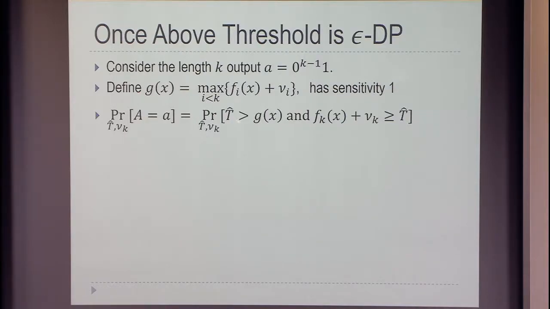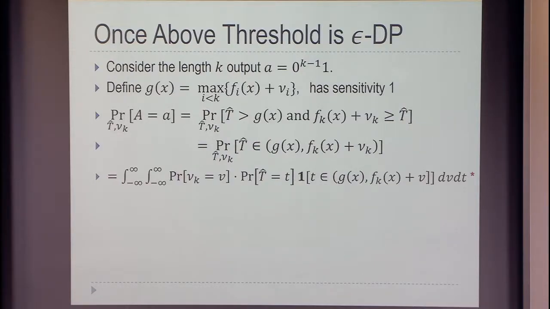It's the probability that the threshold that we chose was bigger than the max of everything from 1 to k minus 1 plus its noise, and when we add noise to the kth one, we exceed the threshold. This says we produce zeros on the first k minus 1, and this says we produce 1 on the kth. So just rewriting, that says that t hat is in this interval.